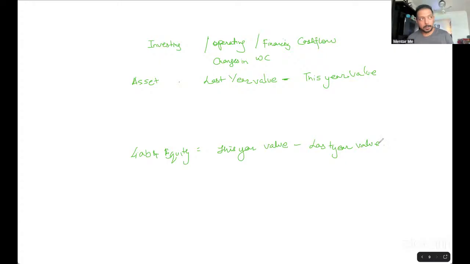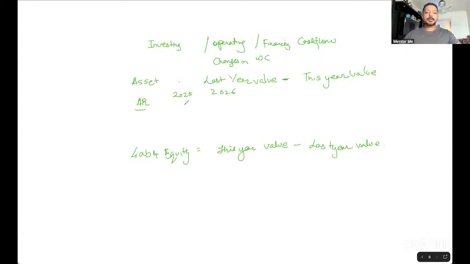Now I'll tell you the logic. If it's an asset account, let's say it is accounts receivable, and this is 2025 and 2026.